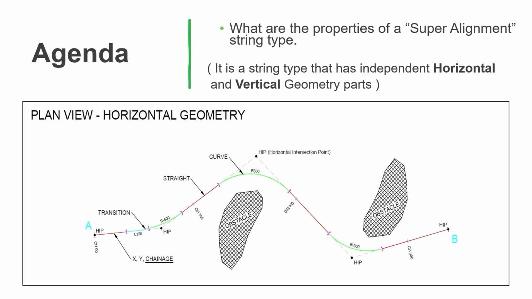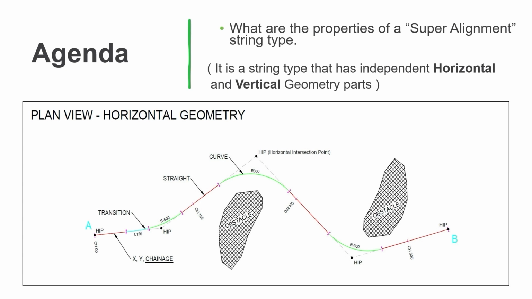Just got a diagram here, on a plan view, showing some horizontal geometry. So essentially, the IP method that I'm going to show today is what we're going to be using to create our super alignment. And you can see here on the diagram, you've got HIPs, which are your horizontal intersection points. So essentially, you lay down all your straights through the IPs, and that will be the red straights you can see there.